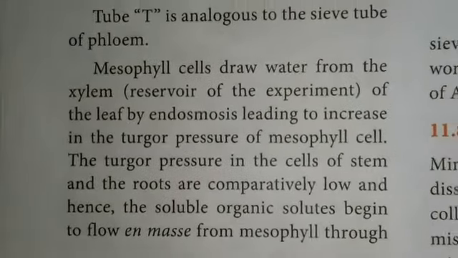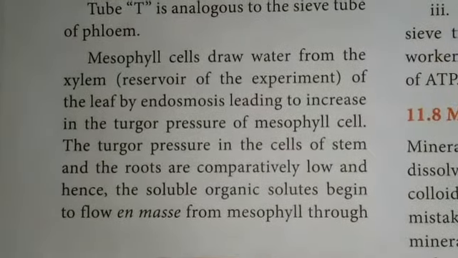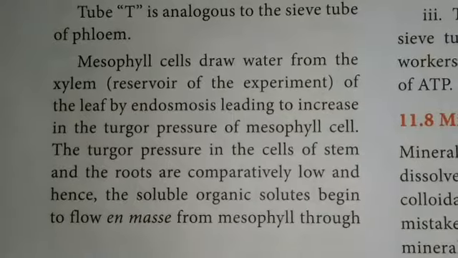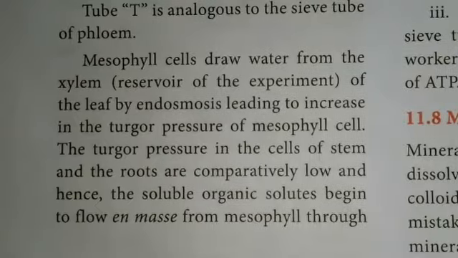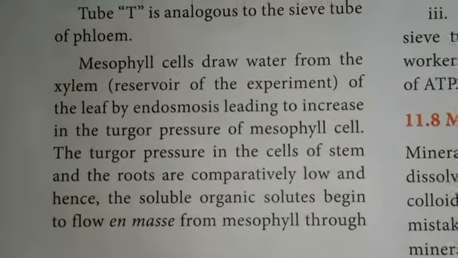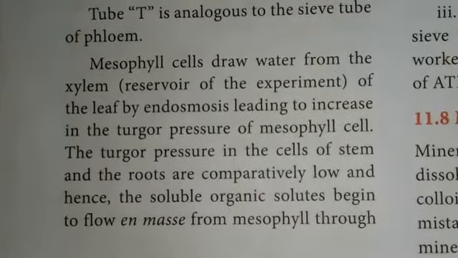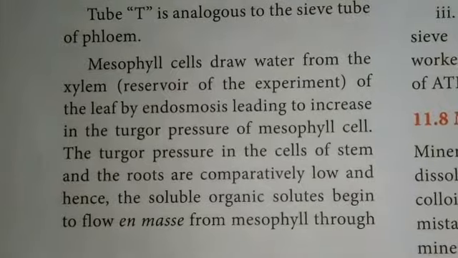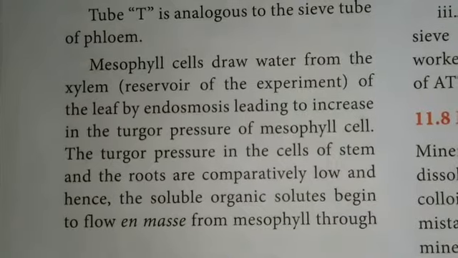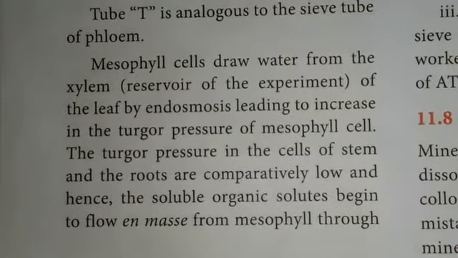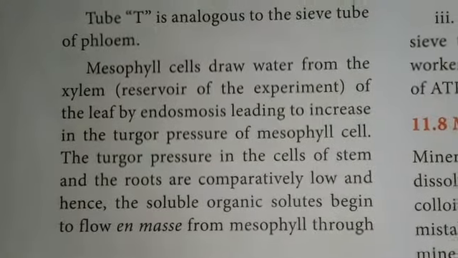The mesophyll cells draw water from the xylem. The xylem is compared to the reservoir present in the beaker. Water enters the leaves by endosmosis, leading to an increase in the turgor pressure of mesophyll cells. The turgor pressure in the cells of stem and roots is comparatively low, and hence the soluble organic solutes begin to flow en masse from the mesophyll through the phloem to the cells of the stem and roots along the turgor pressure gradient.